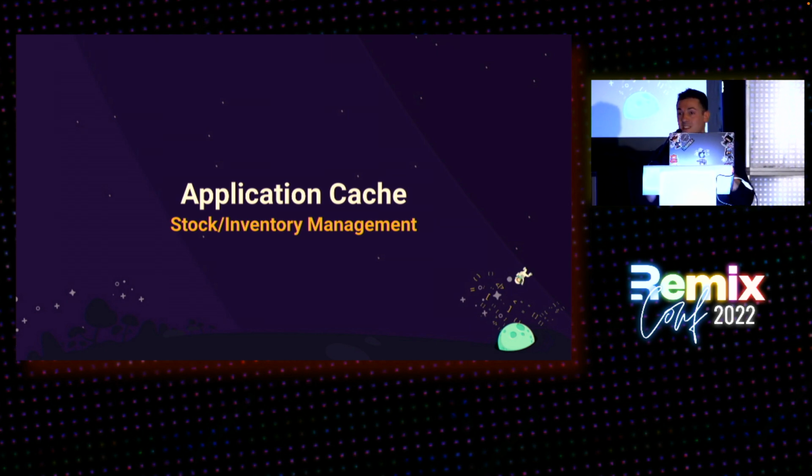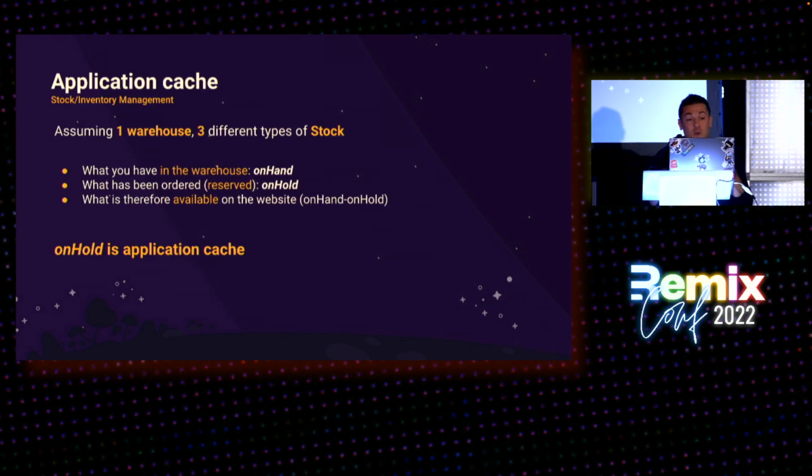It's the stock inventory management. When you're doing e-commerce, usually you have one warehouse or your garage, and you are selling products, right? Let's imagine we are not selling digital products. So we have 3 different kinds of stock: the stock that you have in your warehouse, the stock that has been booked, so they have placed an order, and the available stock, which is actually what you are showing on your website.